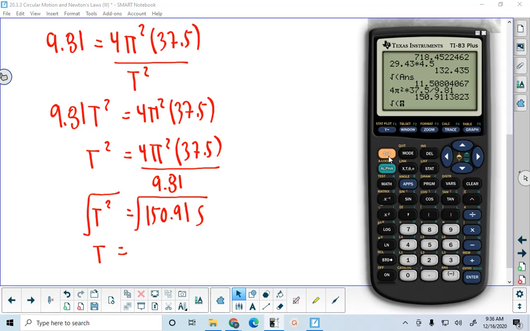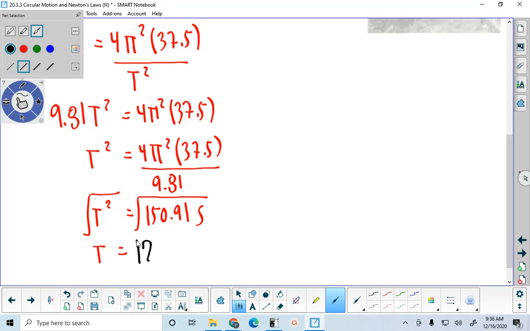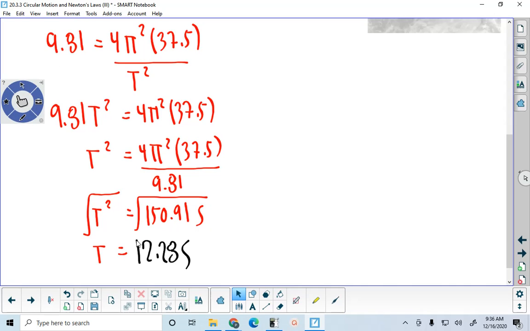So the square root of the answer is going to be, what do we get? 12.28 seconds. So it takes 12.28 seconds to go around once.